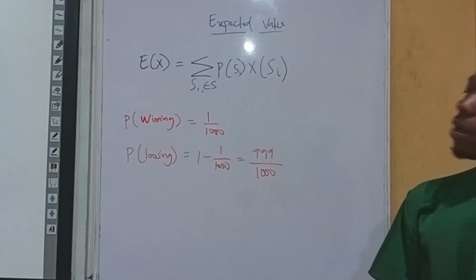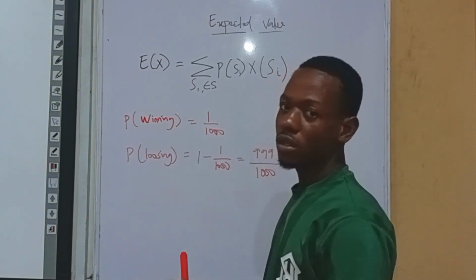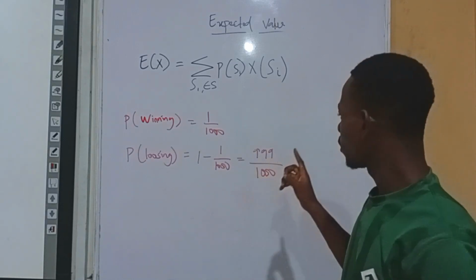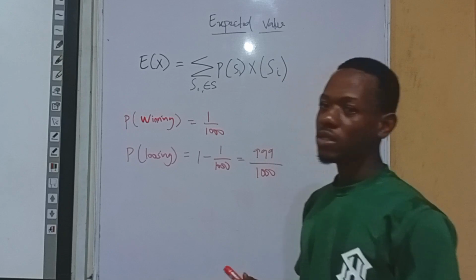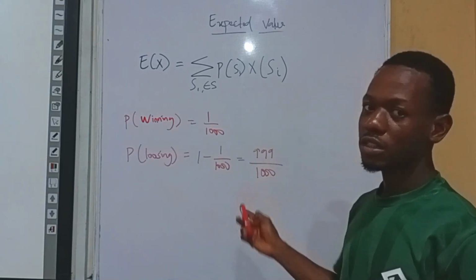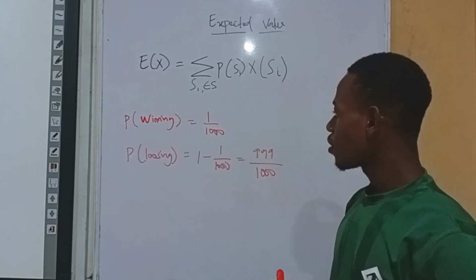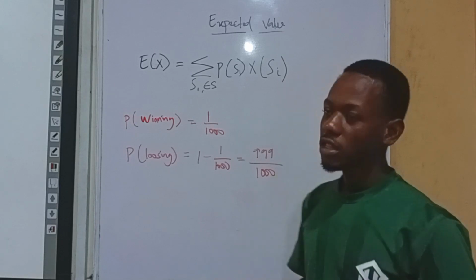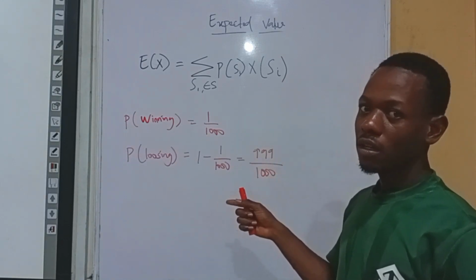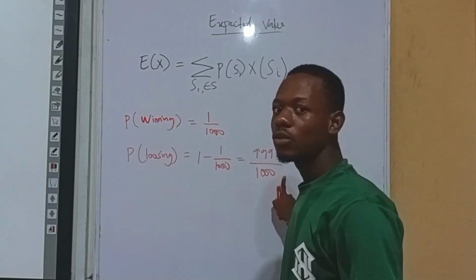So if someone buys a ticket to play the game, the ticket costs $1 and you want to win $500, the net profit that the person is expecting is $499, subtracting that $1 from the $500, right? And if the person is going to lose, the person is losing $1, and the chance of losing that $1 is 999 over 1,000.